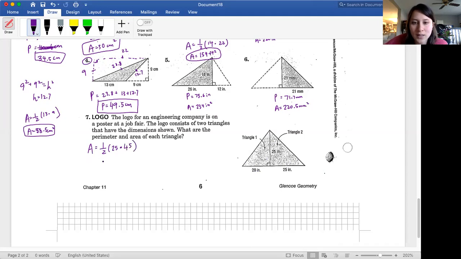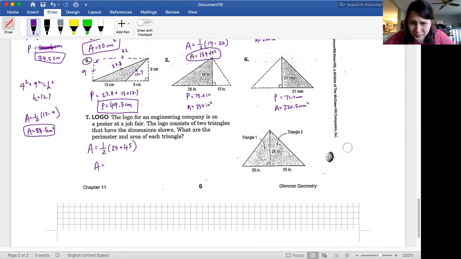And so when I work this out, that's pretty straightforward. 25 times 45 is 500, ooh, okay, 562.5.